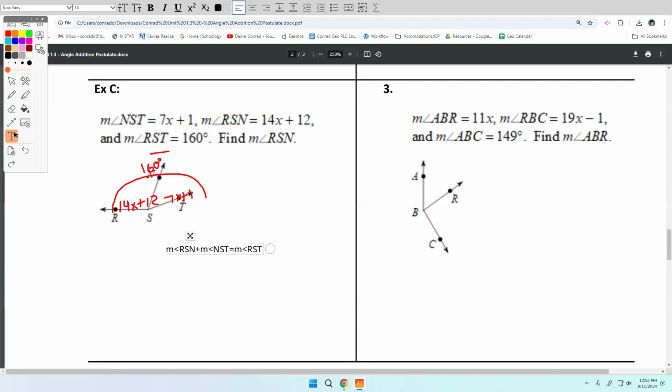We need to justify our equation. So we might have forgot to justify our equations up there, but our justification should be the angle addition postulate. Okay, so we probably forgot to do them up for 2 and B, but we got to make sure we justify angle addition postulate.